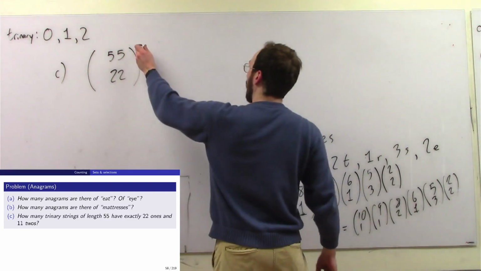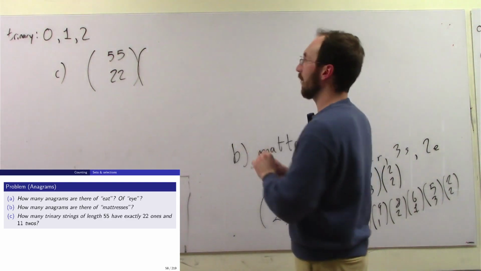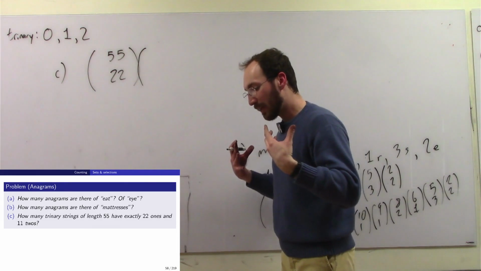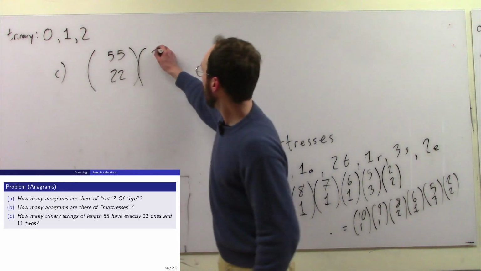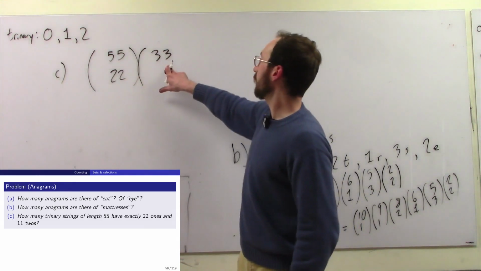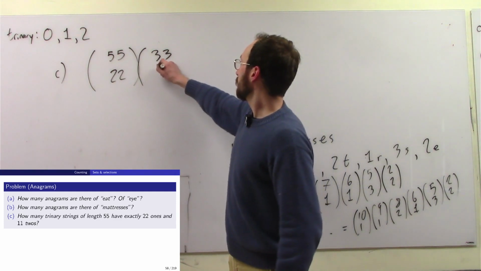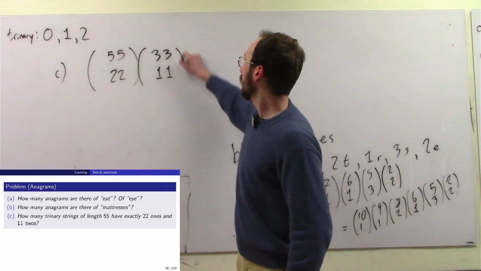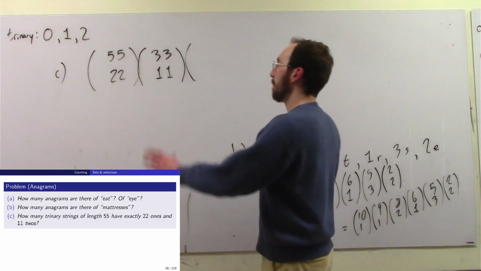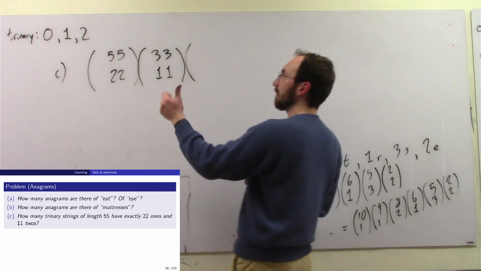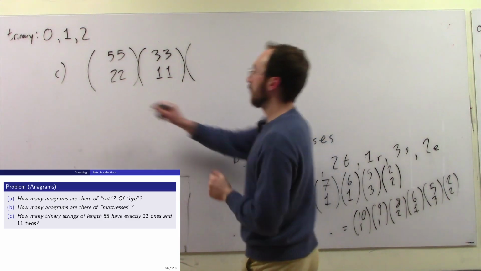Then after we've decided where our ones go, we are only left with 33 spots. Of those, I want exactly 11 of those to be twos. And my alphabet is zeros, ones, and twos.